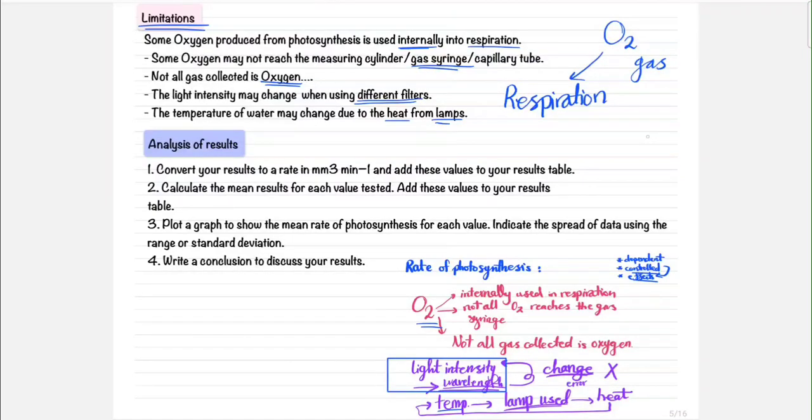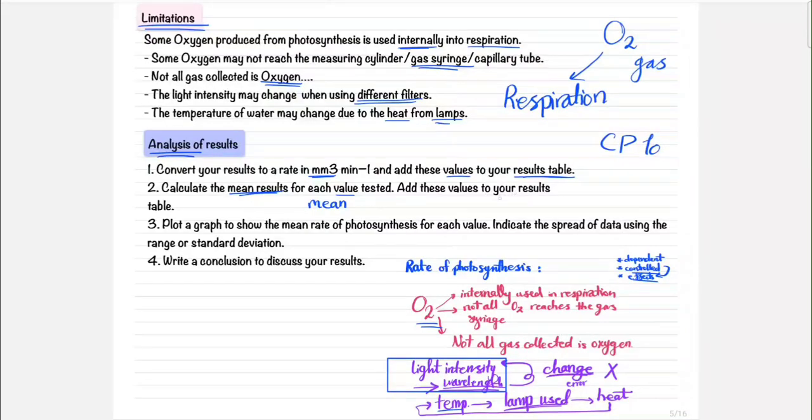After being asked the question to describe this core practical 10, you're going to have a question of analysis of the results. Remember to convert your results to a rate in millimeters cubed per minute and add these values to your results table. Calculate the mean results. This is a must. If you have values, you have to calculate the mean and include it in your table.